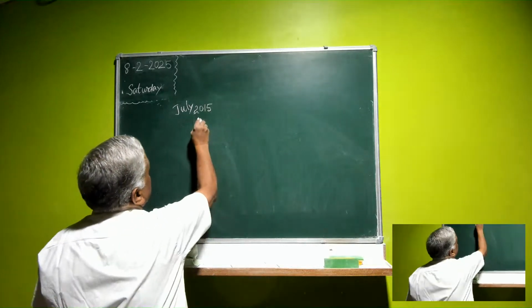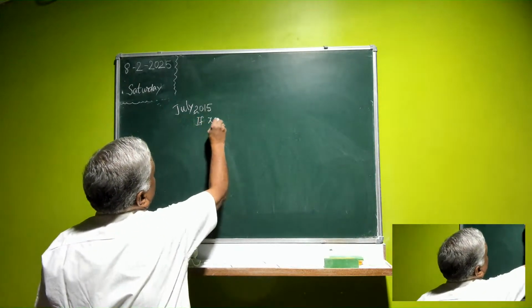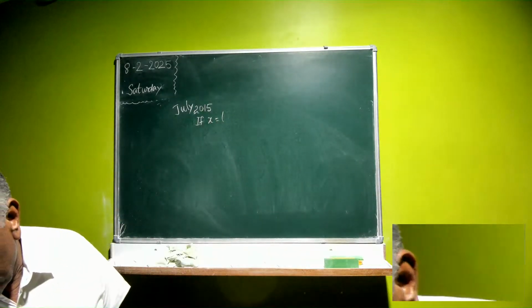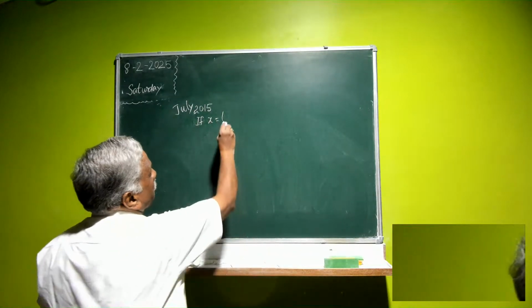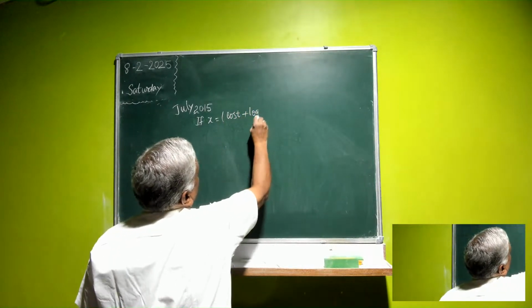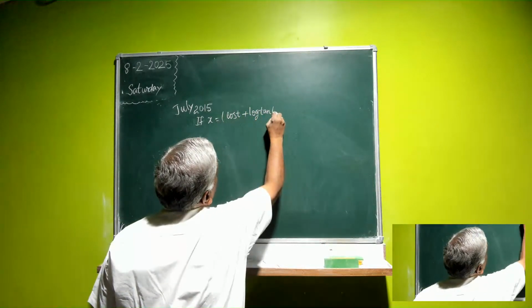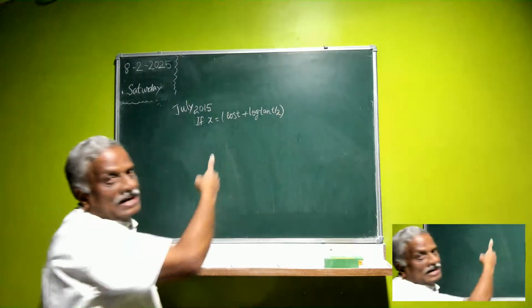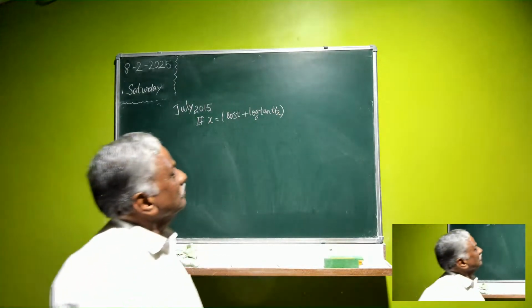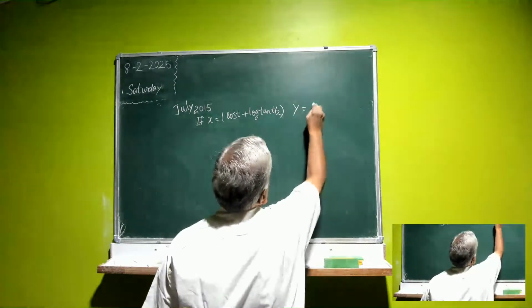This problem was worked in the class. x is equal to a into cos t plus log tan t by 2. In my revision class, I worked this problem and I told you it's an important problem. y is equal to a sin t.